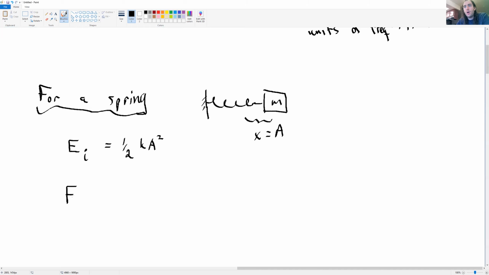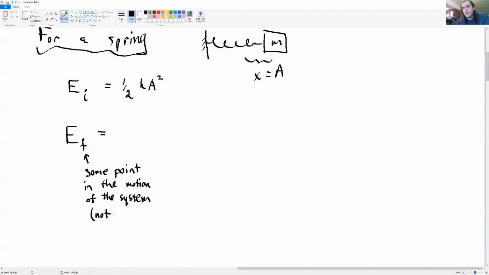Well, if we just look at some arbitrary time, so now we say energy final is at some point in the motion of the system, not necessarily equilibrium, but it could be equilibrium if we want it to be.